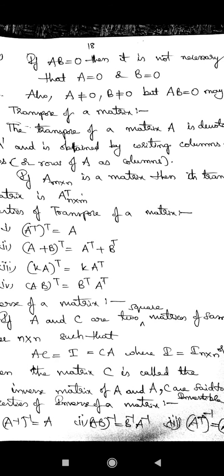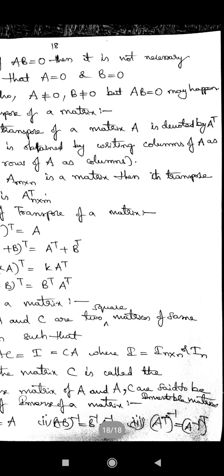Then the second property says that AB whole inverse is equal to B inverse A inverse. This is just like AB whole transpose is equal to B transpose A transpose. In the same manner, AB whole inverse is equal to B inverse A inverse.